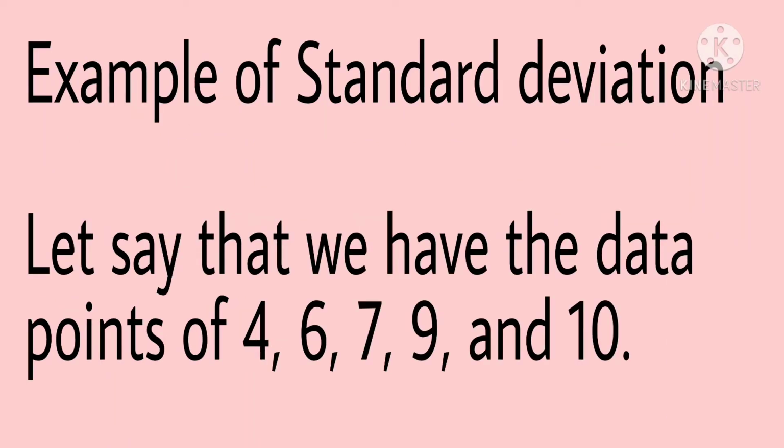Let's say that we have the data points of 4, 6, 7, 9, and 10. Suppose these are the scores of five pupils who took a quiz in science. First, let's make a table to help us get our standard deviation.